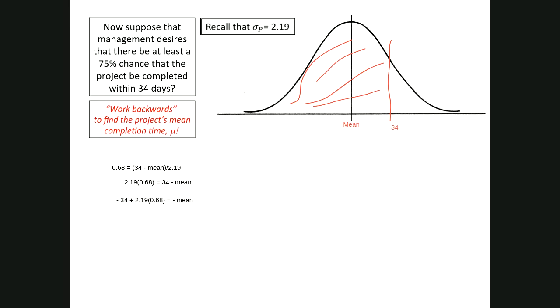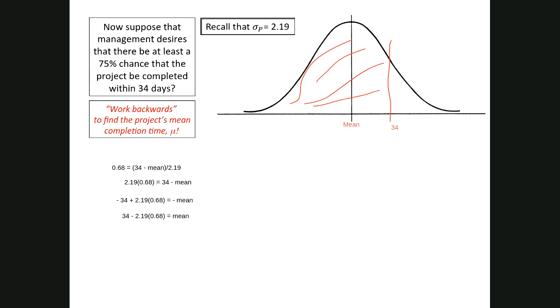So now when we calculate these values, we're going to determine what that mean is. 2.19 times 0.68 is 1.49, so 34 minus 1.49 equals 32.51, and this is our mean.